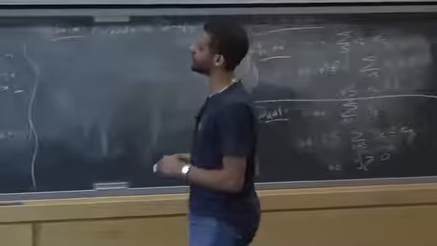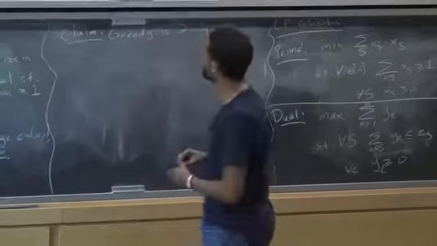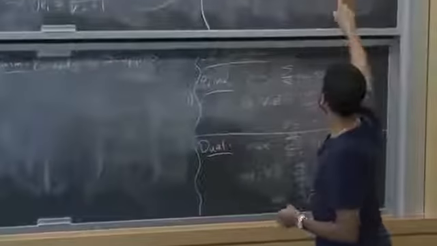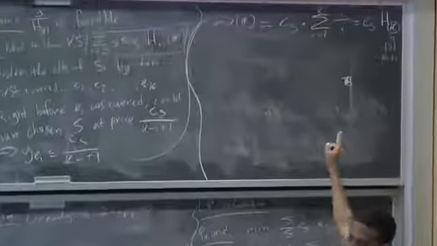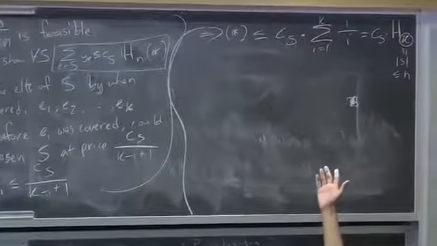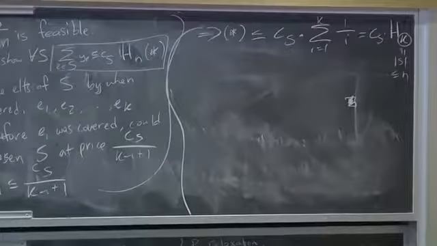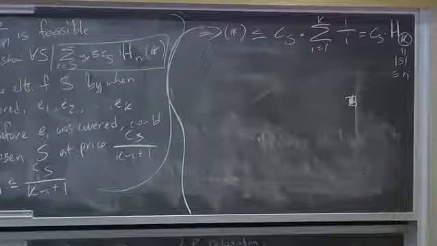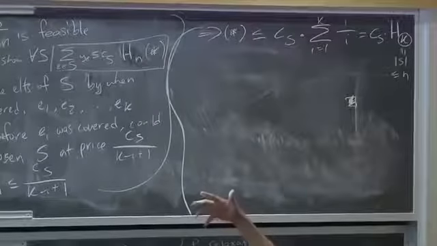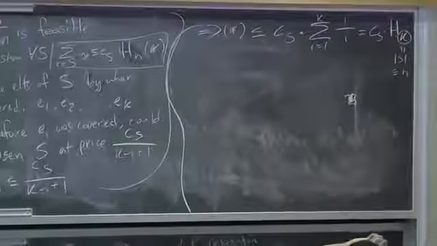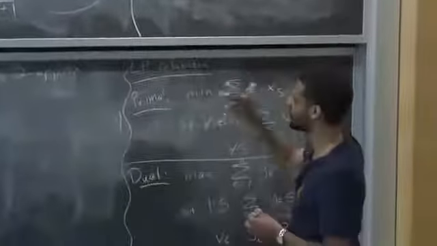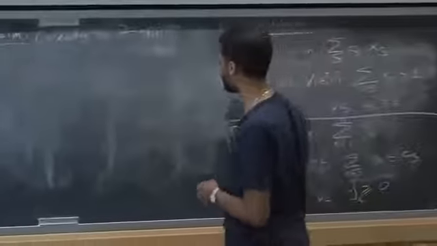So for set cover, we said that if every set has size at most k, you get an H_k approximation, like a log k approximation. But you could look at it the other way around too. What if every element is contained in at most k sets? For that, you could get a k approximation. It's going to be related to what I'm going to write now.